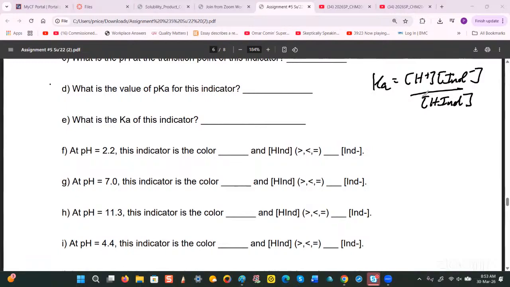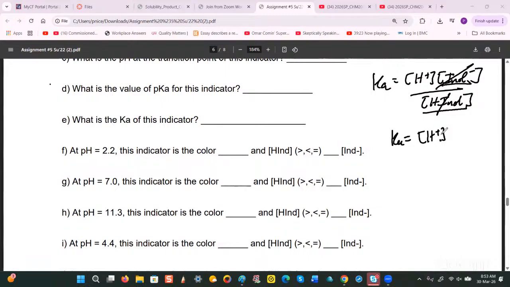Right? For those of you enrolled in my lab, we did one experiment where we set these two to be equal to each other, the concentration of IND minus and the concentration of HIND. When these two are equal, they will cancel out, which means that Ka is equal to the concentration of H plus, right?